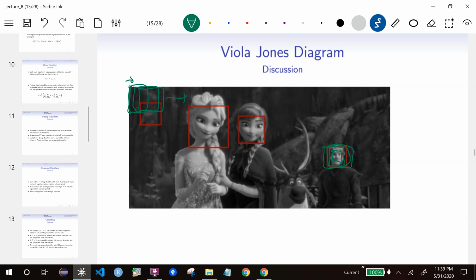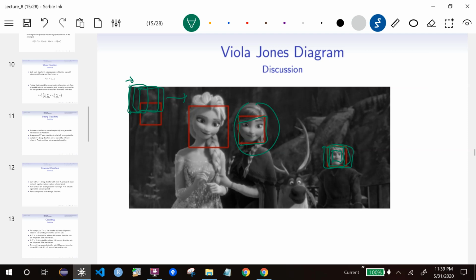So in those cases, we need to combine the overlapping regions that we classify as faces into one, and that will be the last step at the end. Here in this region, there are lots and lots of 24 by 24 regions at different scales that are classified as faces. We just keep one that's maybe the largest that contains all of them.